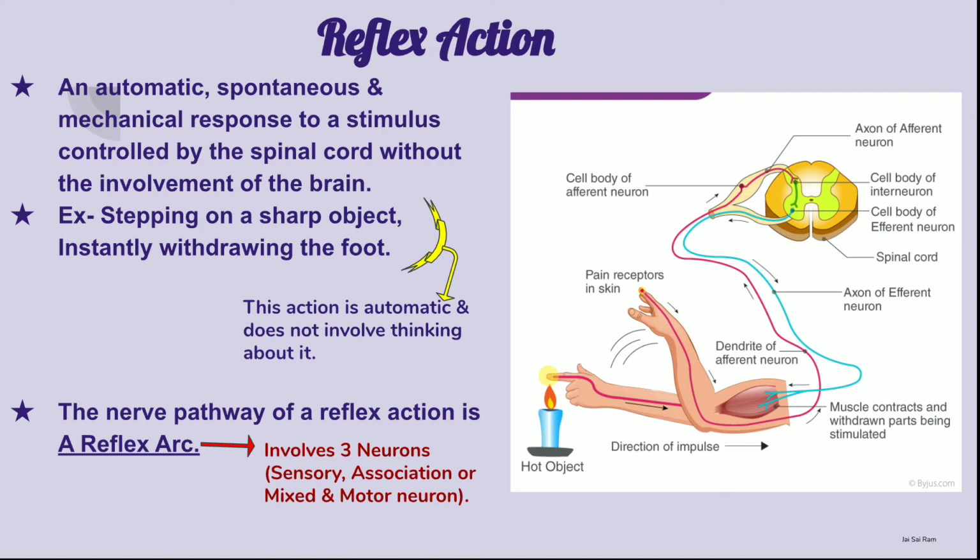That comes via the motor neuron to the muscles, to remove the hand or foot, whatever we want to remove. It takes place in a fraction of a second. You don't even think, it's like an electric signal. This reaction takes place very fast.